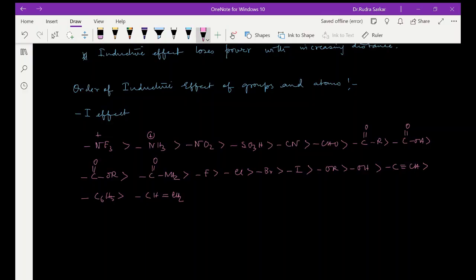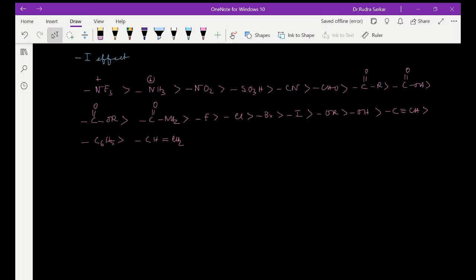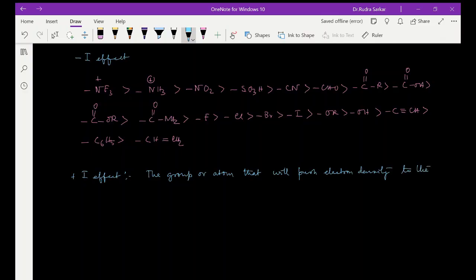Now for the plus I effect, what is the order we will follow? So plus I effect will be considered for the group or atom that will push electron density within the covalent bond to the carbon.